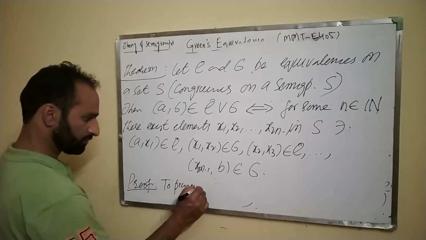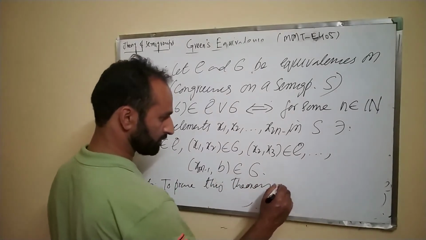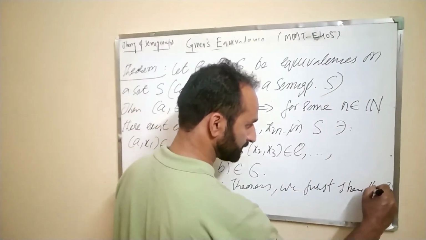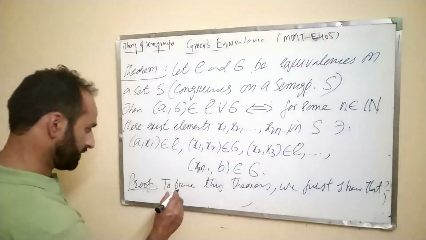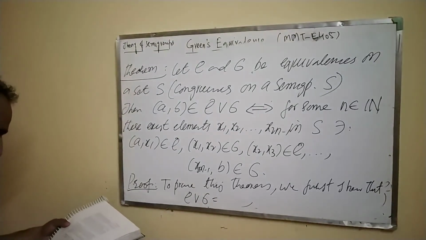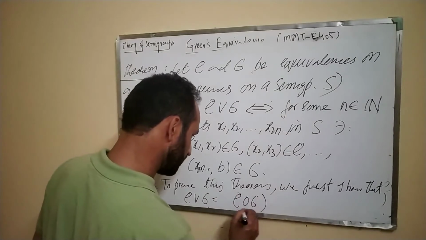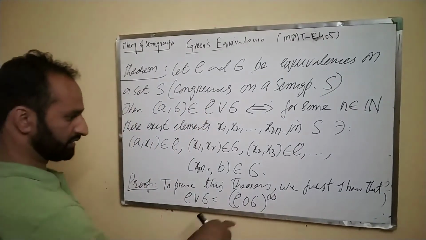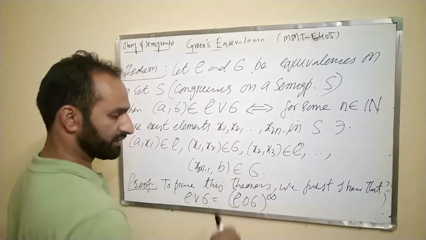To prove this theorem, we first show that this join is actually equal to rho composition sigma infinity, and we know this infinity is actually the union of rho composition sigma power n, n running from 1 to infinity.